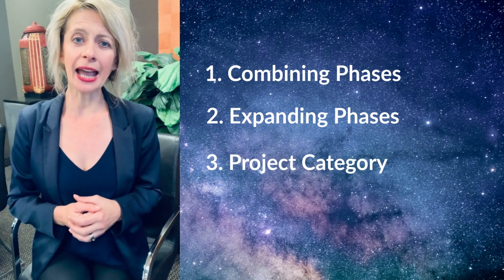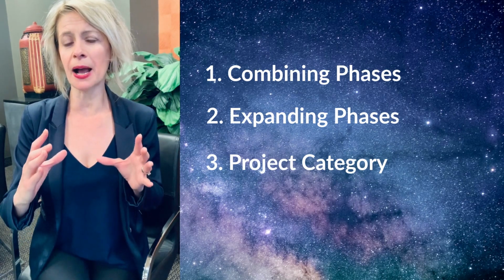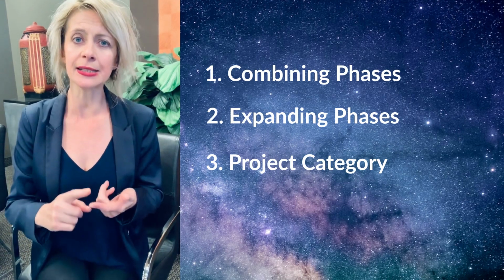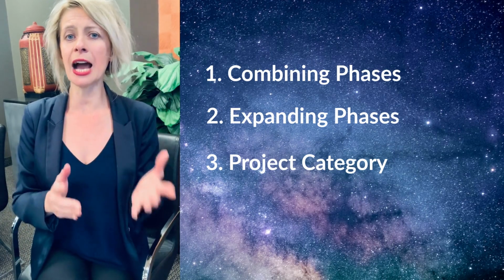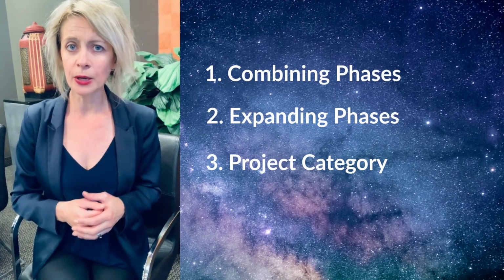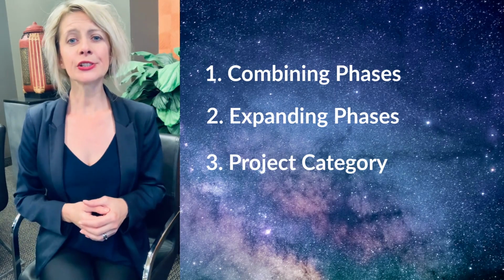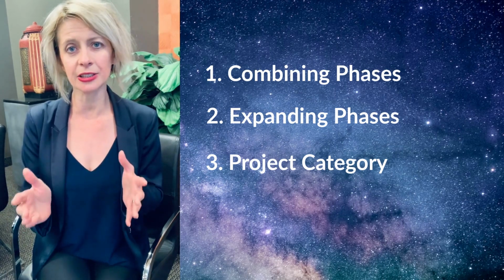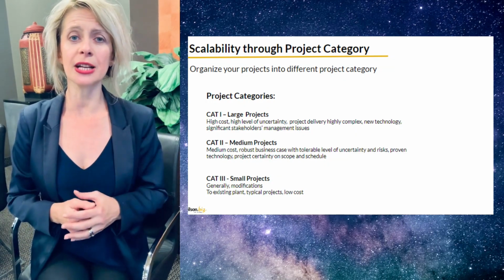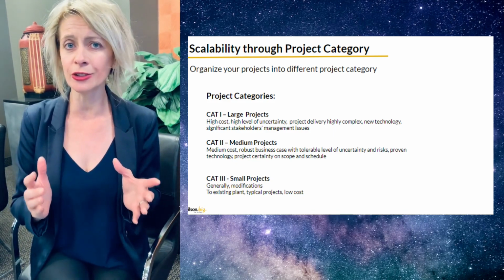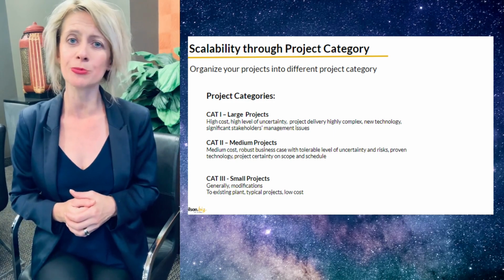The third way to scale the overall process is by categorizing, which influences not only the number of phases and gates, but also the type and amount of deliverables, assurance activities, and the type of people that should be involved. So you want to organize your opportunities or projects into different categories. For example, the category 1 might be for large projects with high cost, high level of uncertainty, highly complex with brand new technology and significant stakeholders management issues.